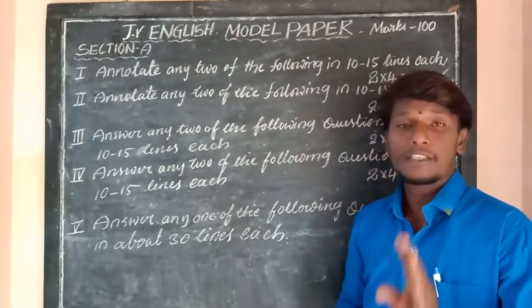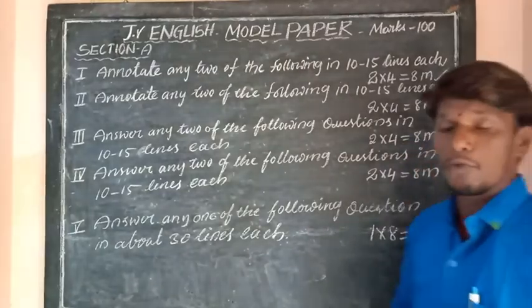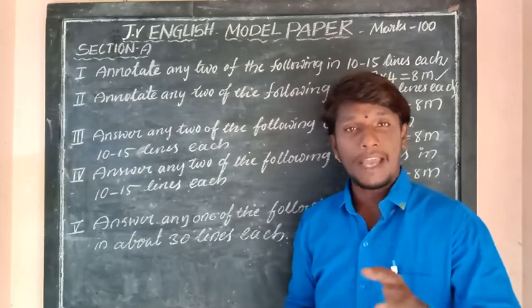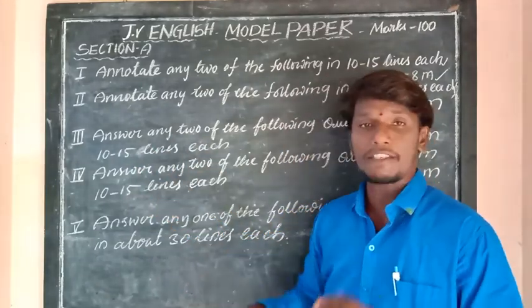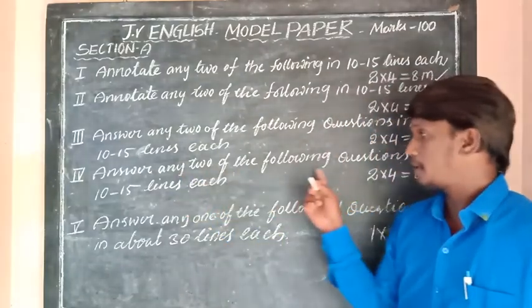Each question carries 4 marks, that means 2 into 4 is equal to 8 marks. Roman number 4 is the same as Roman number 3. This time questions will be asked from the poetry, and 4 questions will be given.